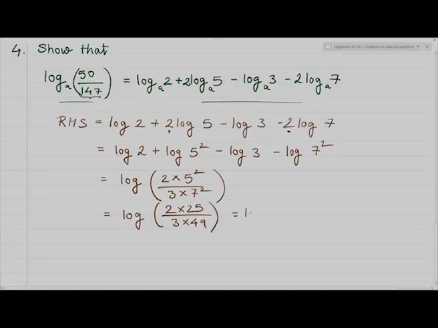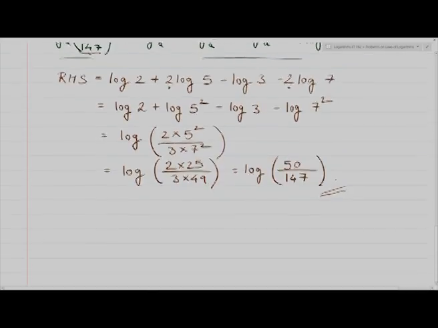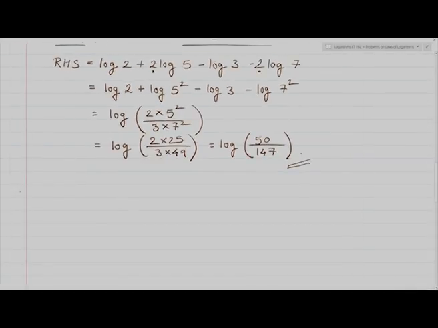So, this should be equal to log of 50 upon 49 into 3, naturally it should be 147, still you can calculate, 3 into 9 is 27, 4 into 3 is 12, so 12 plus 2 is 14, so it should be 147. So, we have proved that, show that component. I think I have goofed up with numbers, so let me continue the current number system. Okay. So, let us put the number to be 5.